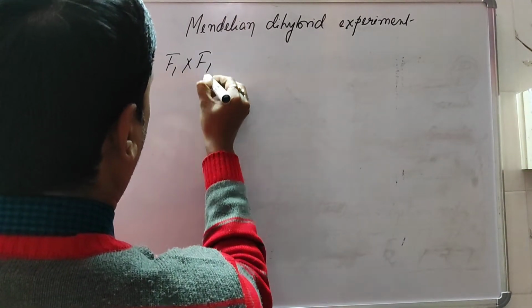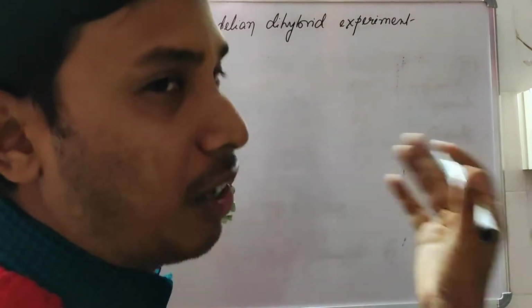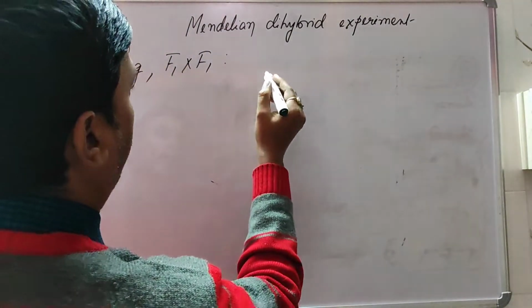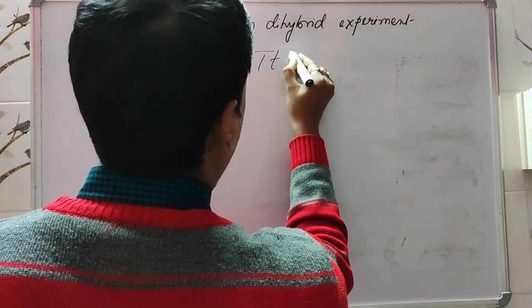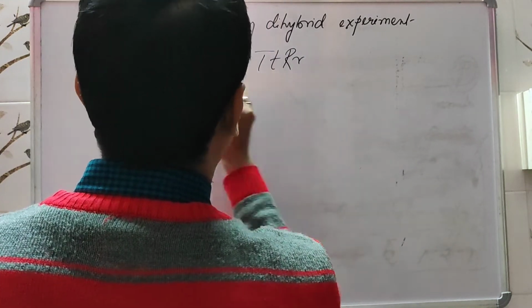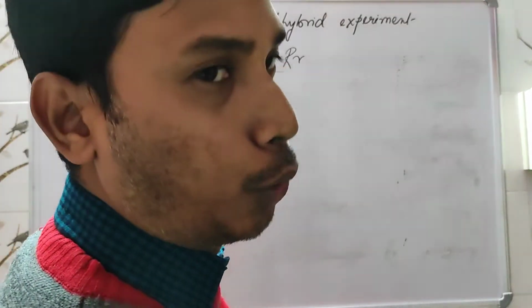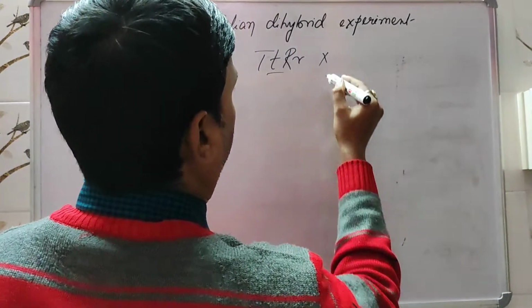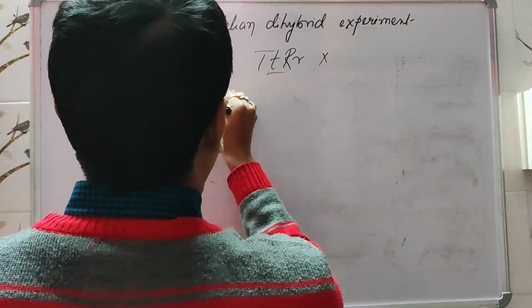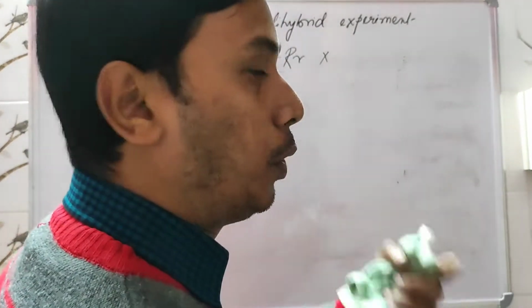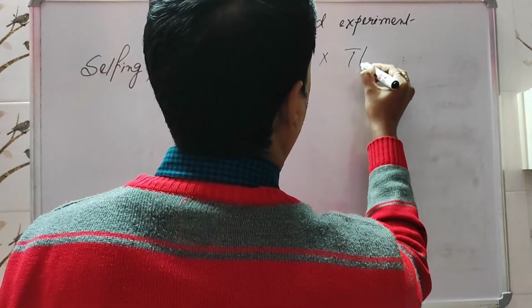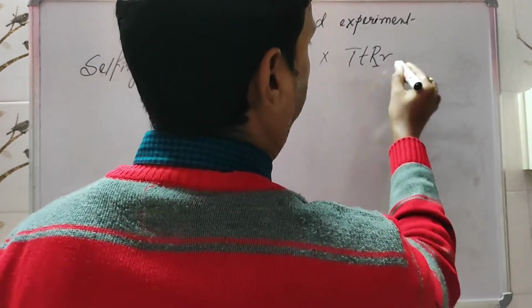So what will we get? In the F1, we obtained this kind of genotype, capital T, capital R, small r, and they are making a cross. So again I have to write capital T, capital R, small r.